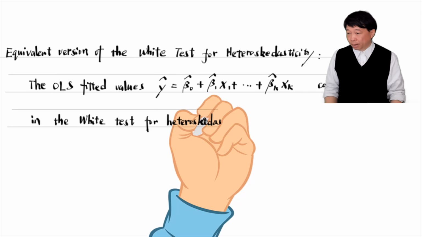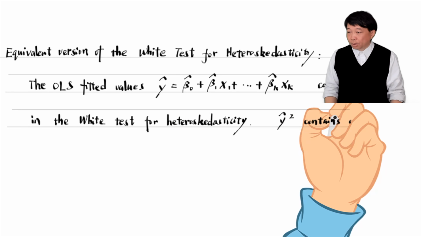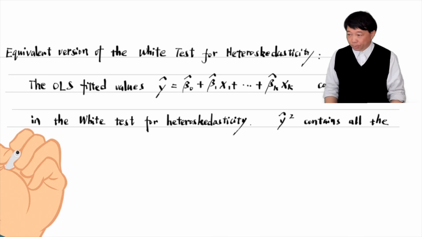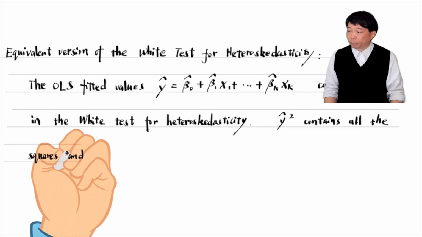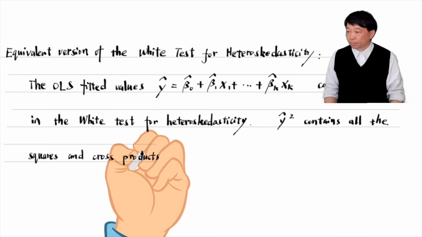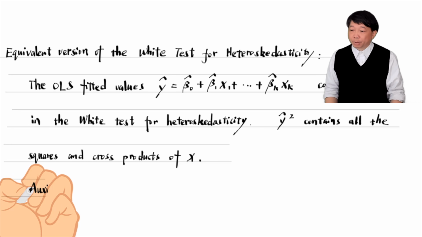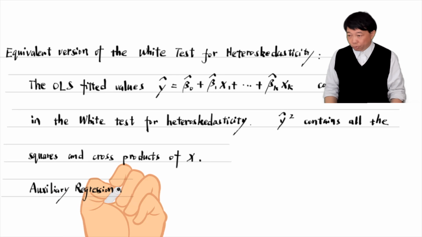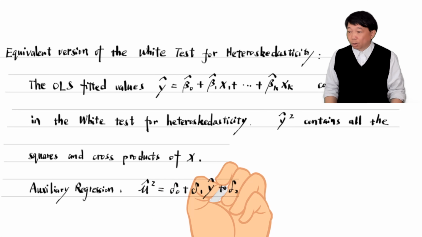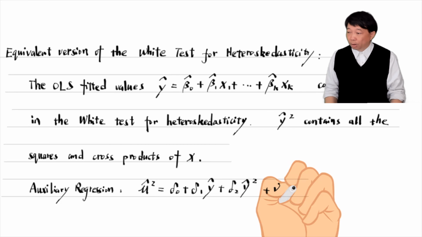If we square the fitted values, we obtain all the squares and cross products of the explanatory variables. Now, the auxiliary model becomes the regression of the squared OLS residuals on the OLS fitted values and their squared term.